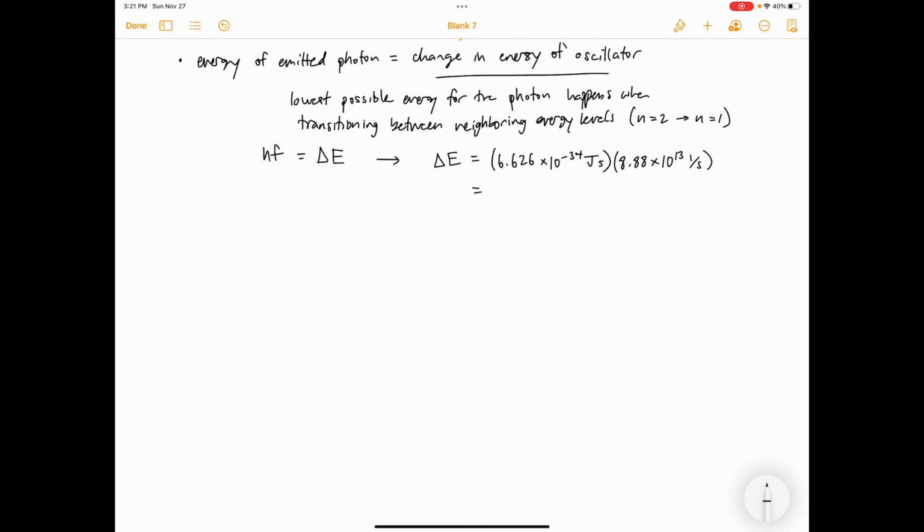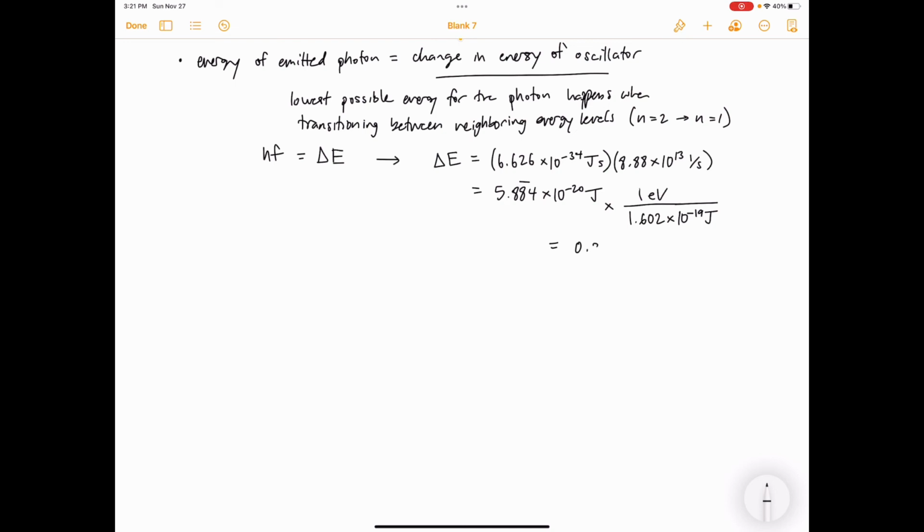So in joules, this works out to 5.884 times 10 to the minus 20. And we can convert this over to electron volts because 1 electron volt is the same as 1.602 times 10 to the minus 19 joules. All right, so what does this work out to?